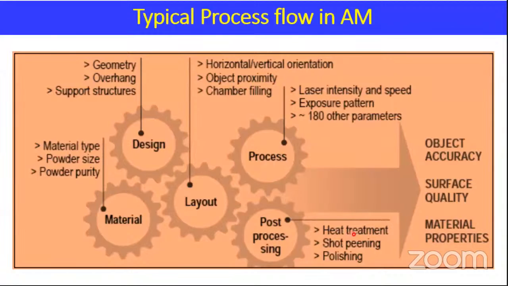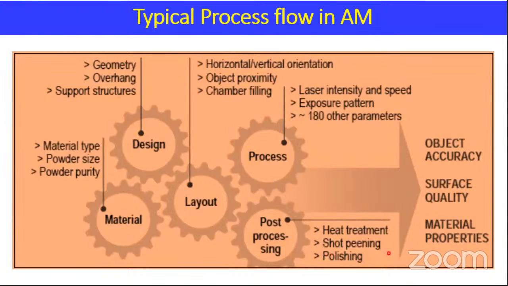Typically people would go for heat treatment for metal AM parts, because during this AM processing, residual stress, predominantly tensile residual stress, will develop, and we need to make use of heat treatment or stress relieving operation.